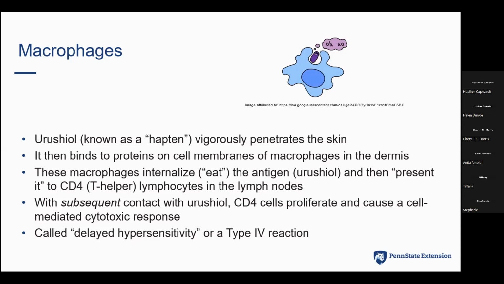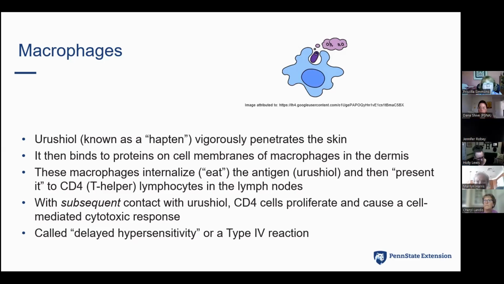I'll just mention here, because I don't mention it anywhere else in the presentation, that it is possible to sort of outgrow a poison ivy response. I think I may have outgrown it. I'm very careful around poison ivy and I know how to recognize it quickly, but I haven't had a reaction for a long time.